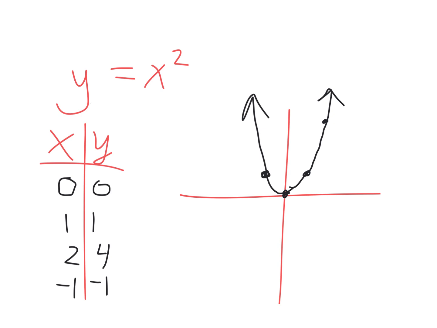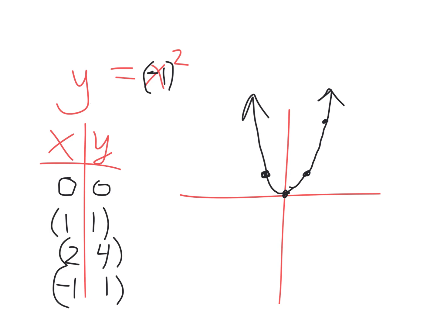I said something wrong and nobody's stopping me. -1 does not give you -1. -1, when you put it in here, does not give you -1. What does it give you? +1. I know some of you were thinking it. You just were too afraid to tell me. That was wrong. -1, +1, right there. That point is now correct.